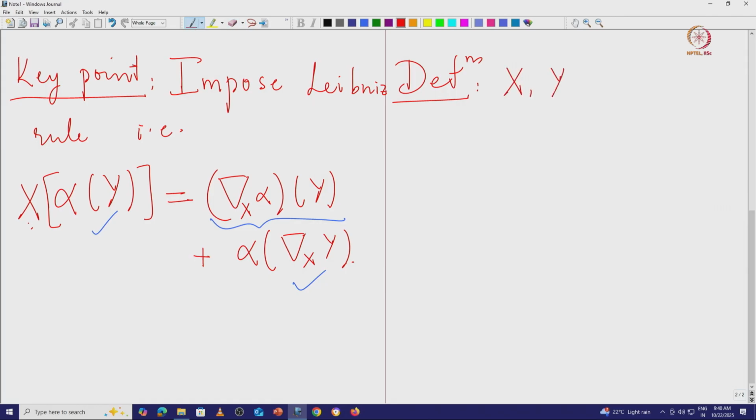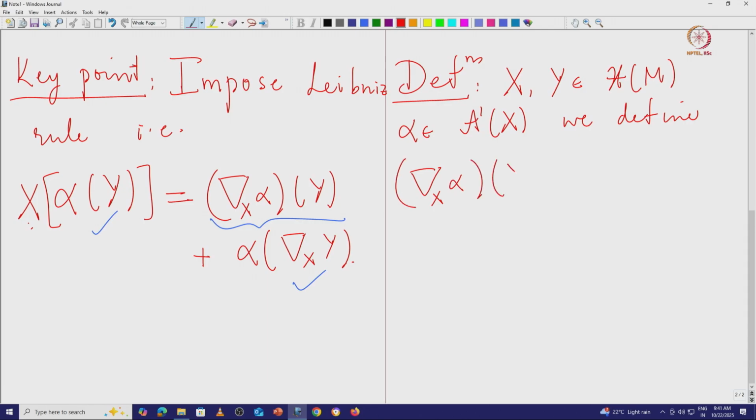Given X, Y in the space of vector fields and given a one form alpha, we simply define nabla X alpha acting on Y to be given by X acting on alpha acting on Y, minus alpha acting on nabla X Y.